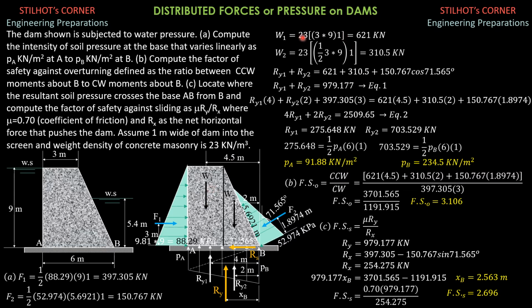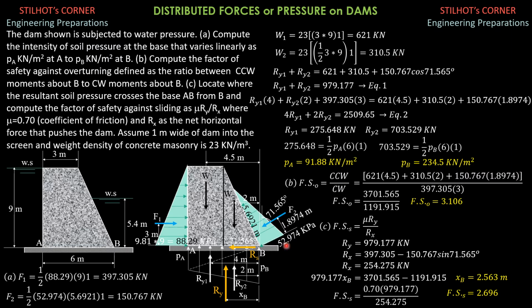So 23 times 3 times 9 times 1, 621 kilonewtons. Weight 2 is the volume of this concrete masonry, represented by this triangular cross-section. Volume equals area of triangle times 1. So 23 times 1/2 times 3 times 9 times 1, 310.5 kilonewtons.